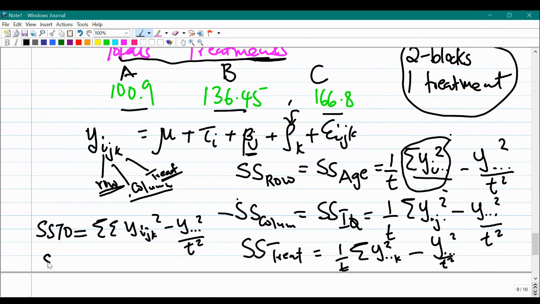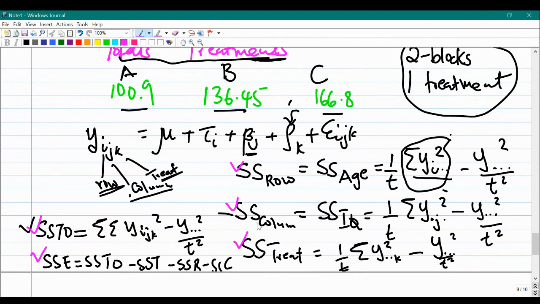You know that SSE is given by SSTO minus SS treatment, SS row, SS column. So please, this is what you're supposed to calculate. You have to find SS total, SSE, SS row, SS column, SS treatment using those formulas. From there we're done.